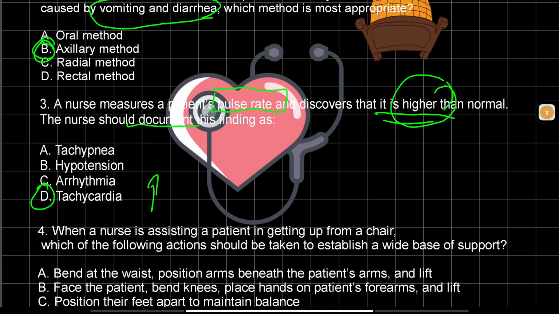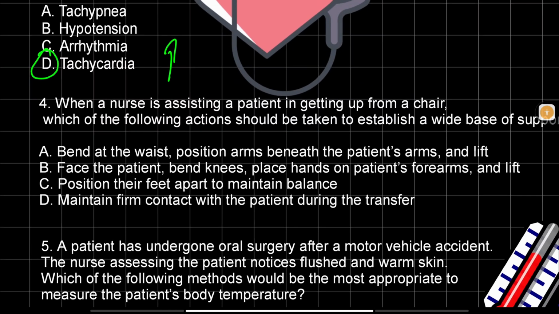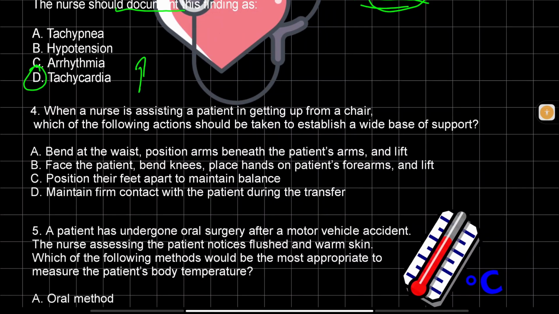All right. So, proceed na tayo. Board exam type of question number 4. When a nurse is assisting a patient in getting up from a chair, which of the following actions should be taken to establish, here's the juice of this question, wide base of support.